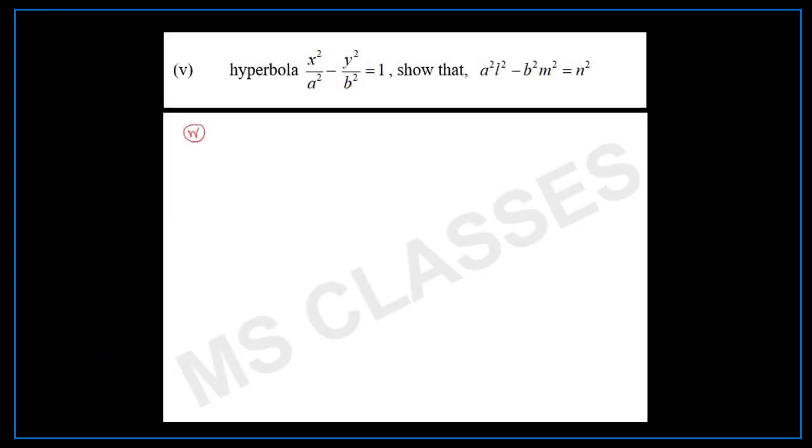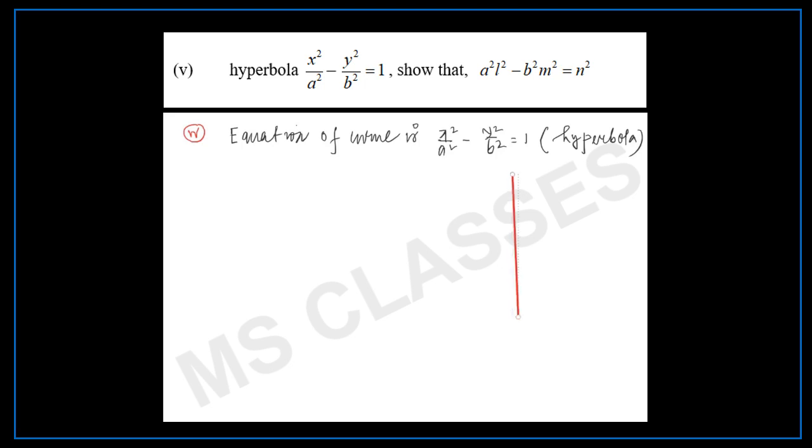Here, the given equation of curve is x square by a square minus y square by b square equal to 1, a hyperbola. We represent the hyperbola in graph first.